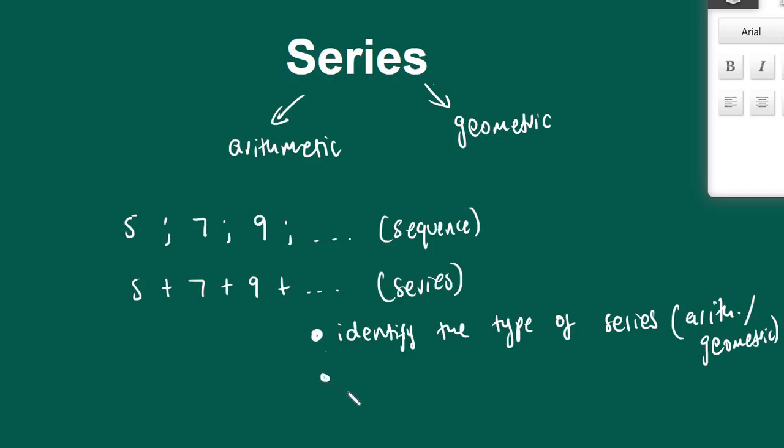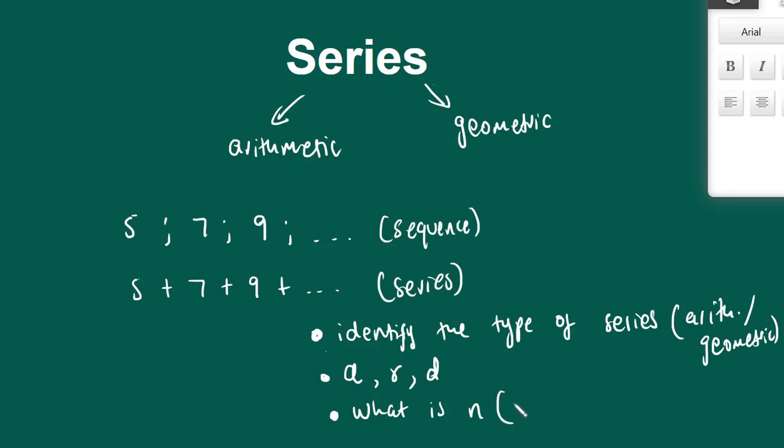Then number 2, after you have identified the type of series, you then have to say what is your A, and then what is your R, or what is your D, depending on the type of series. Then the other crucial thing is, what is N?